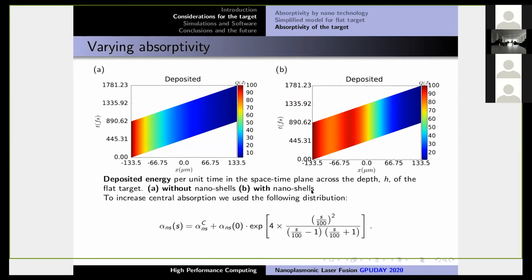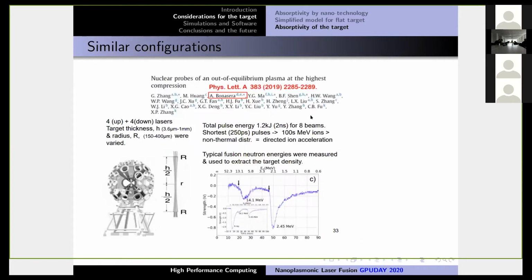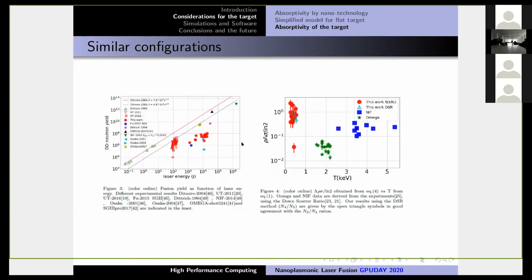However, if we alter the absorptivity of the target, the deposited energy reaches much further. A similar two-sided configuration was already proved successful by this group. They achieved higher compression with lower energy.